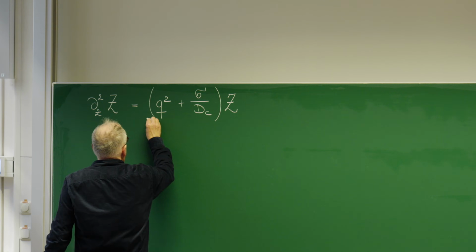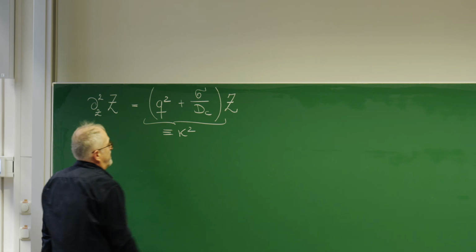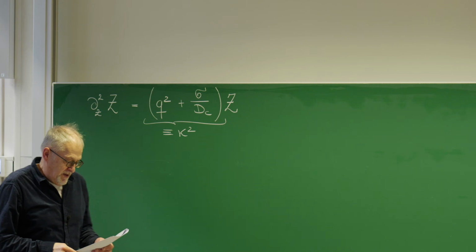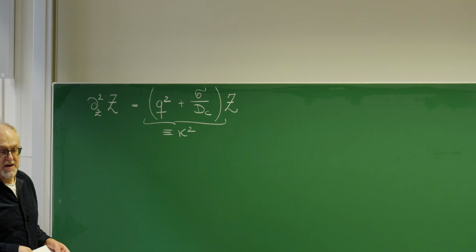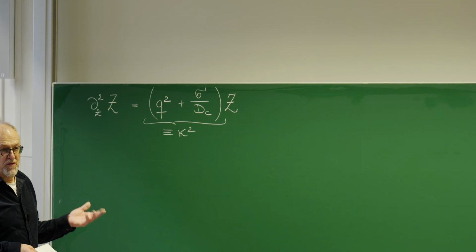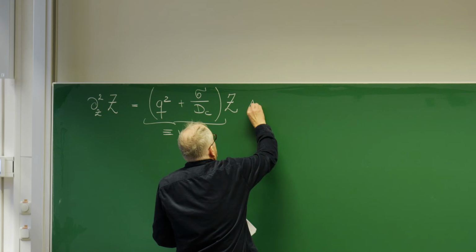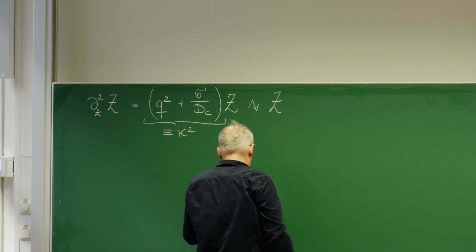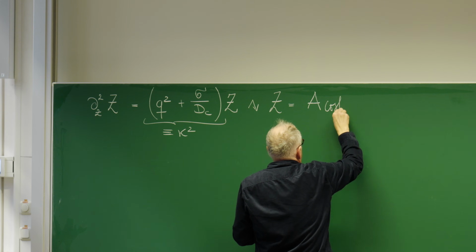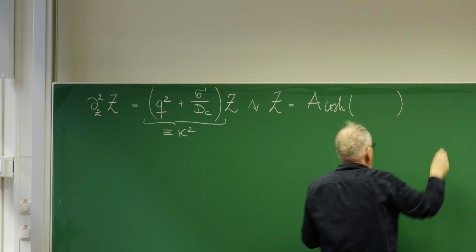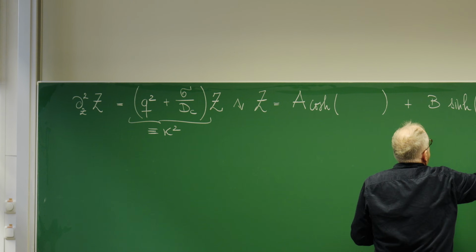And that object here I define as kappa squared as a shorthand. Good. Now, when you want to solve that equation, we had this yesterday in our class. This is an equation that's solved by hyperbolic cosine and hyperbolic sine. So, in general, Z will be a linear combination of a hyperbolic cosine and a hyperbolic sine.